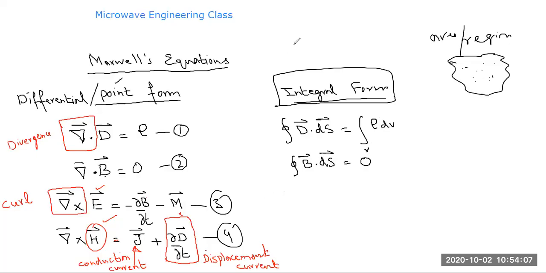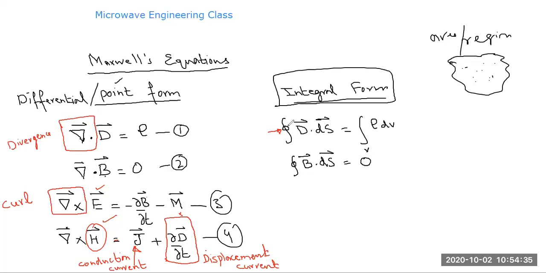Now it's very important. Many students make this mistake: the circle within the integral is very, very important. If you don't write this circle, you are totally changing the meaning of Maxwell equation, which means you are making a fundamental blunder.